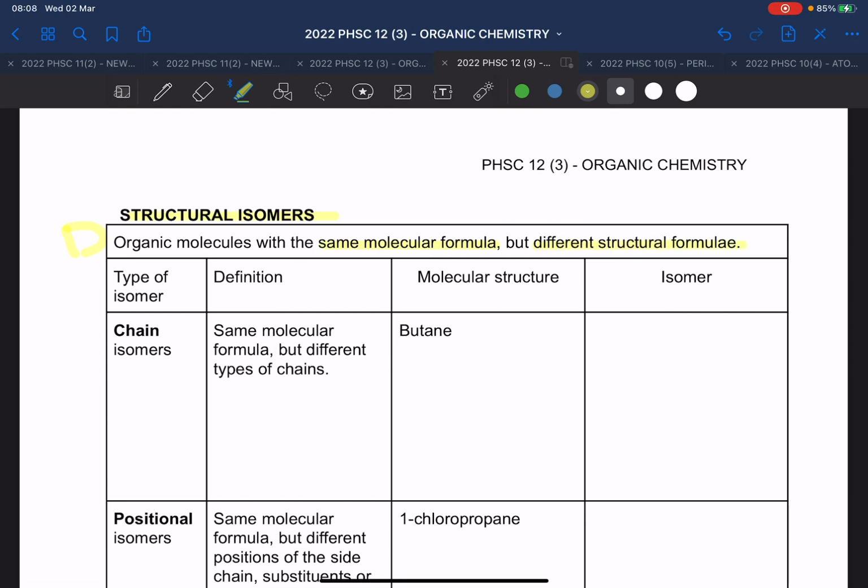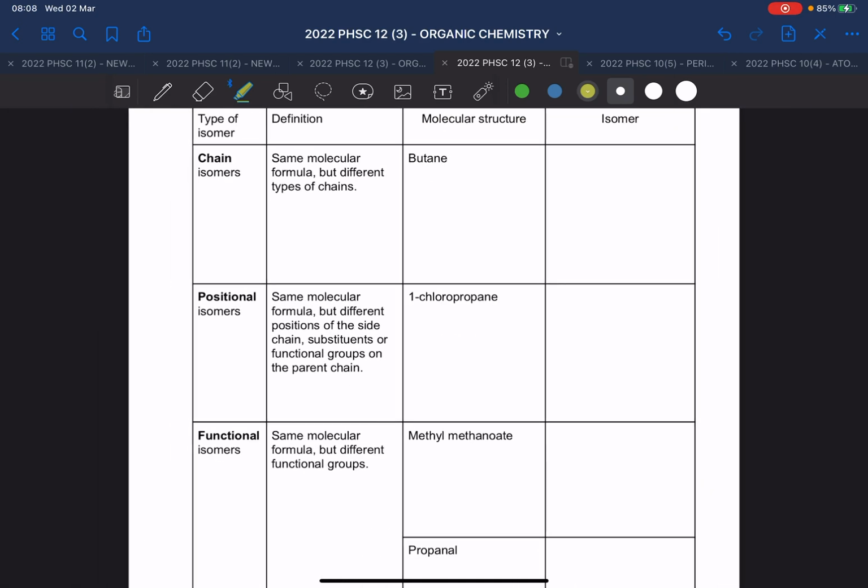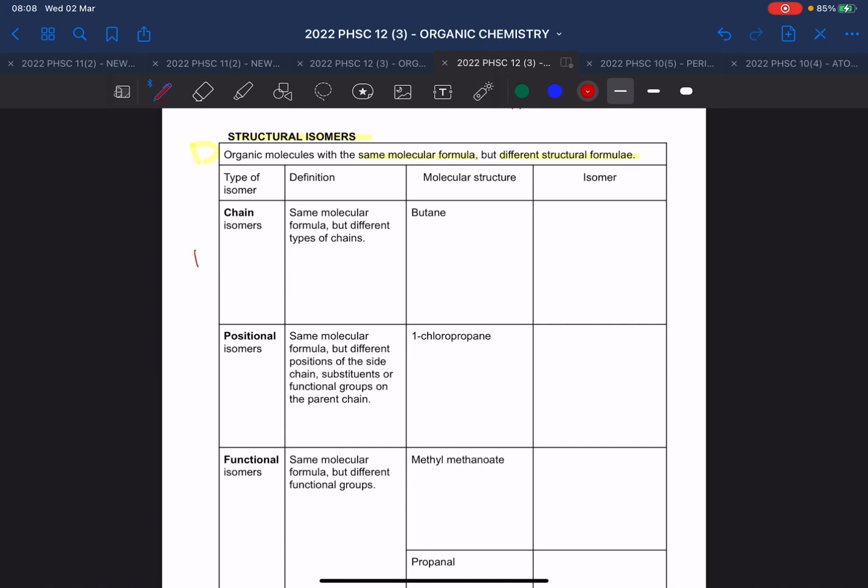How we put them together is different. So we get 3 different types of isomers: chain isomers, positional isomers, and functional isomers. Chain, positional, functional.